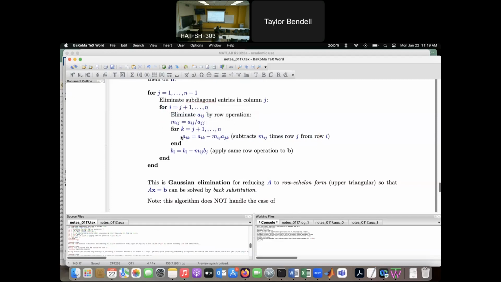Now, what happens with this row operation will affect operations from later columns. In eliminating entries in column j, the whole rest of the row changes. That's going to affect what happens when I move to column j plus 1, j plus 2, and so forth. But they're affected by which columns? Only j plus 1 to the end. So what I'm doing here is the bare minimum that will ensure that subsequent row operations are correct.